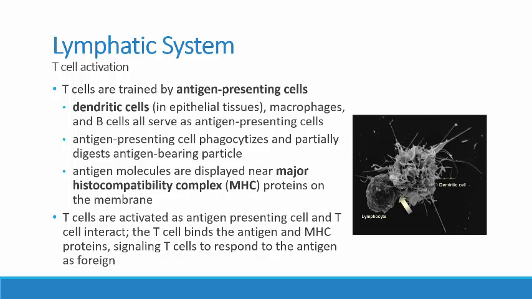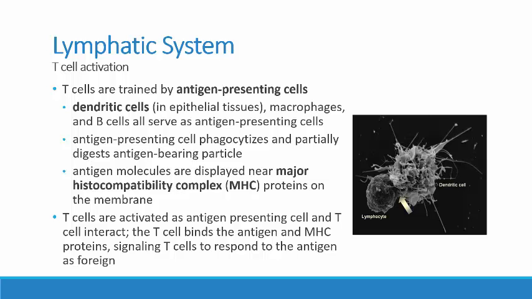MHC proteins. So the antigen-presenting cell then finds a T cell, and it exposes the T cell or the T lymphocyte to the antigen and the major histocompatibility complex proteins. And this serves as a signal to that T cell then to respond to the antigen as if it is foreign.